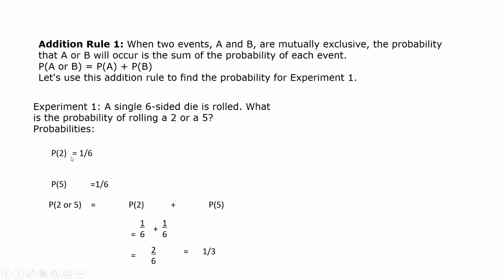The probability of rolling 2 is 1 by 6, and the probability of rolling 5 is also 1 by 6. So in this case, we add the probabilities, and we get 1 by 3. Since the events are mutually exclusive, nothing will be subtracted from the equation.